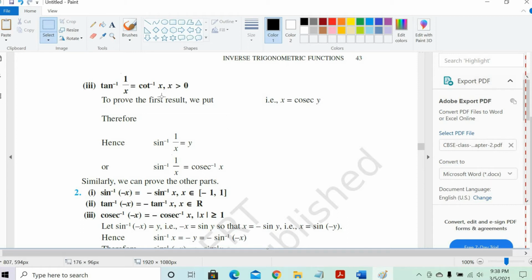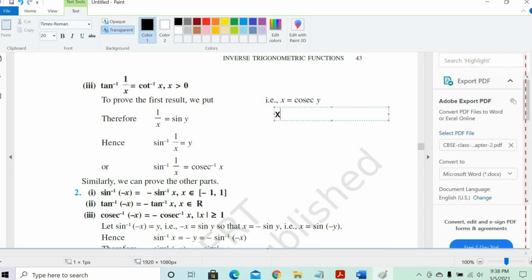So till here 1 by x. Okay, let's do one thing. I'll just write it down here and then I'll send it to you.